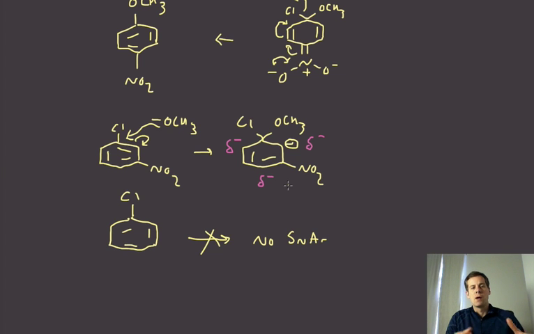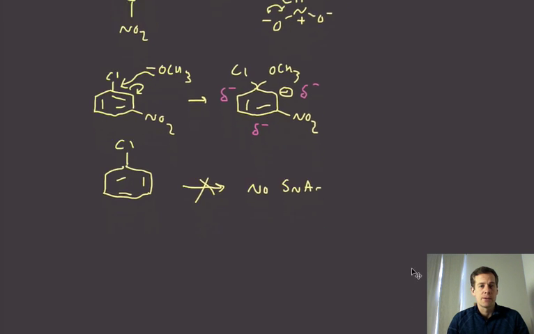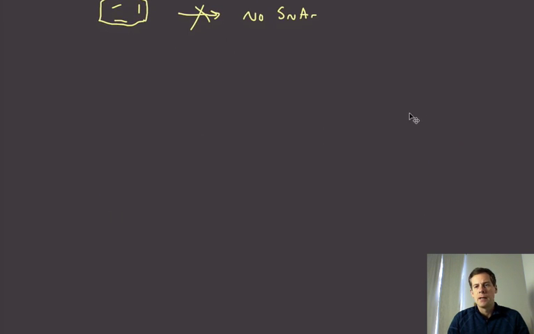They don't typically want to accept electrons. So you really do need a fairly strong electron withdrawing group to make that happen. So for that reason, SNAr reactions are not as common as electrophilic aromatic substitution reactions, but they do occur in a number of cases.